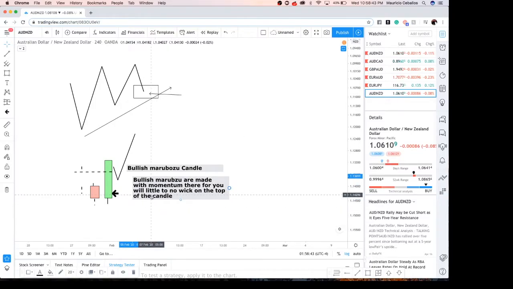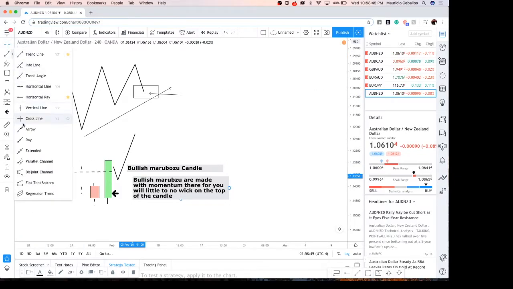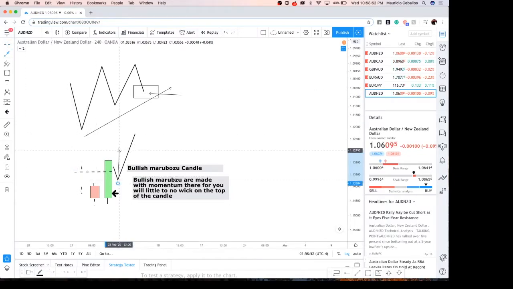These are full of momentum. Little to no wick on top means there's a huge amount of buying pressure, and more than likely the next candle will continue being buying pressure, and so on. When that happens, we are much more confident of our trading position.